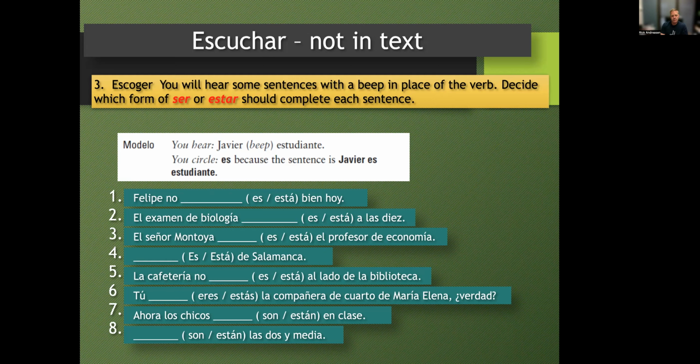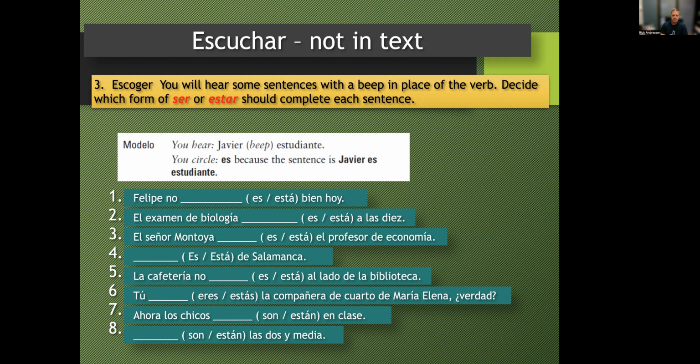You circle es because the sentence is Javier es estudiante. 1. Felipe no bien hoy. 2. El examen de biología a las 10. 3.